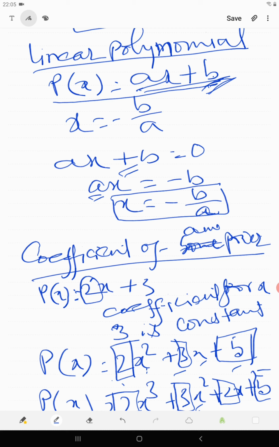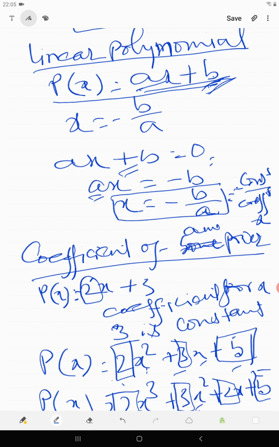So after solving, if you are finding 0, then of course on the right hand side we need to equate with 0, and after solving we are getting x equals minus b by a. That means minus of the constant term divided by the coefficient of x, correct?